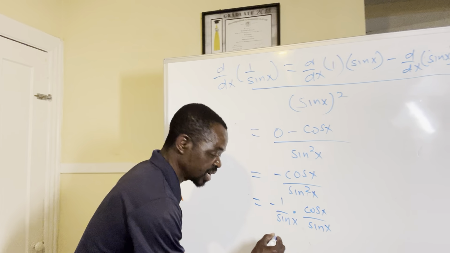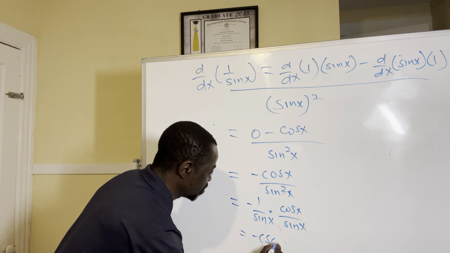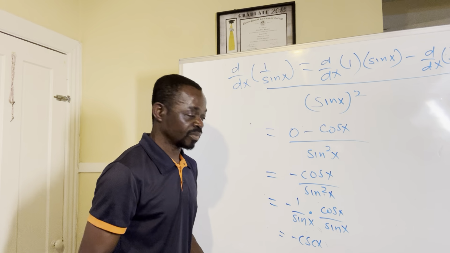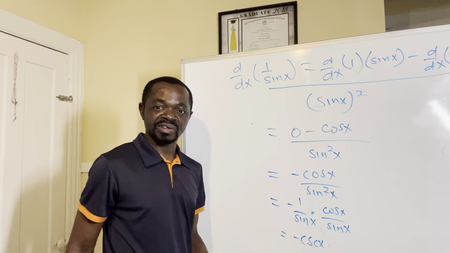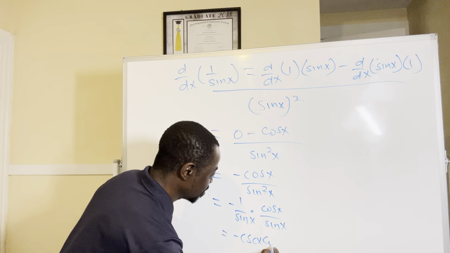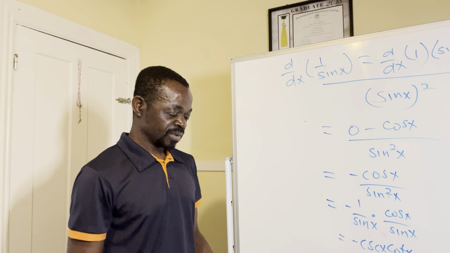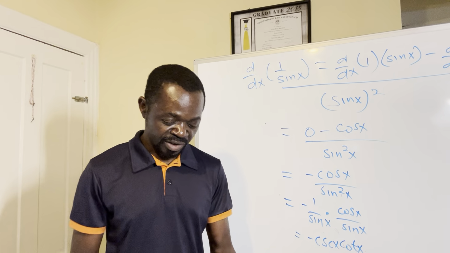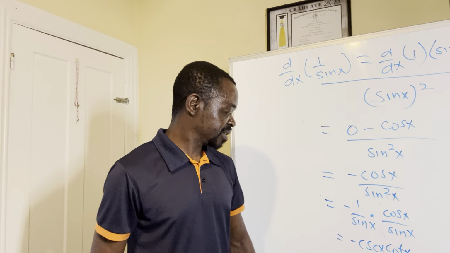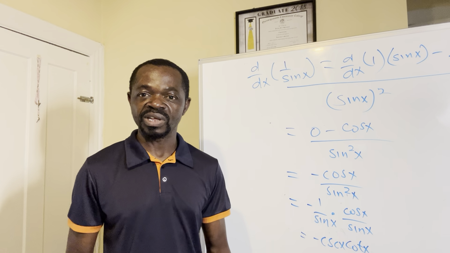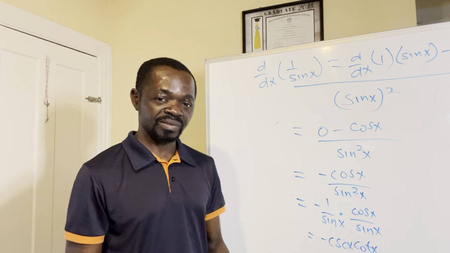So here we get a minus cosecant of x. Then if you take cos over sine, it gives us cot x. Right. So if you take the derivative of cosecant x, our final answer will be minus cosecant x cot x. So that is our final answer.